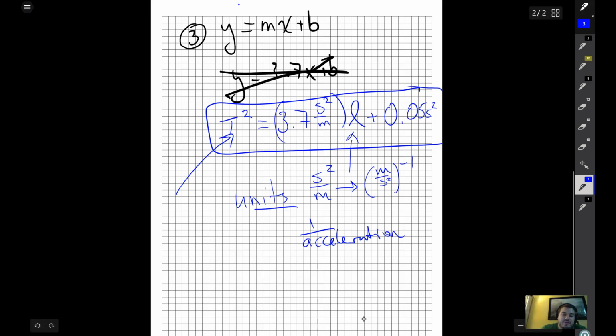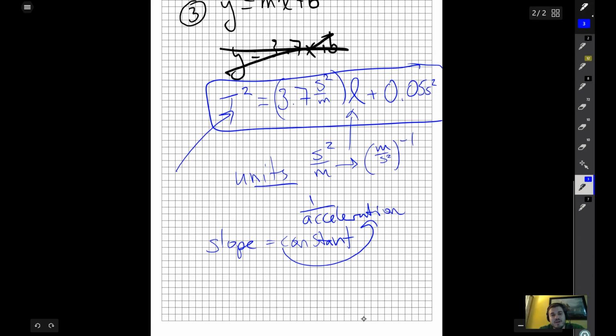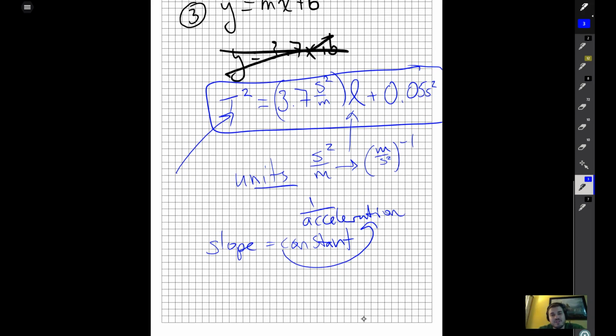The next thing to point out is that our slope is constant. If our slope is constant, then something in our experiment must be constant that relates to this acceleration. So think about, what is it that causes the pendulum to swing back and forth? What force or action causes that pendulum to move?